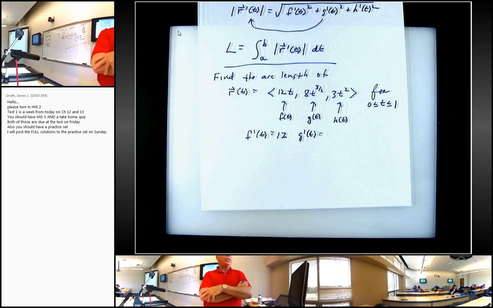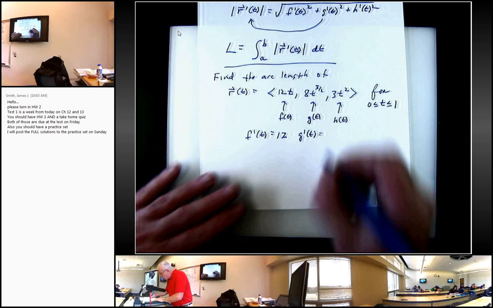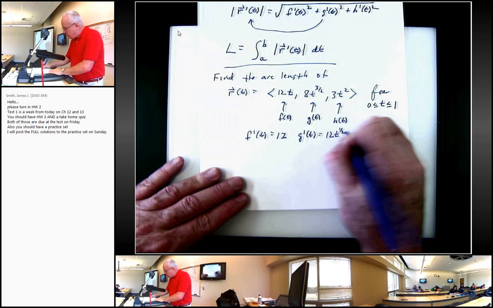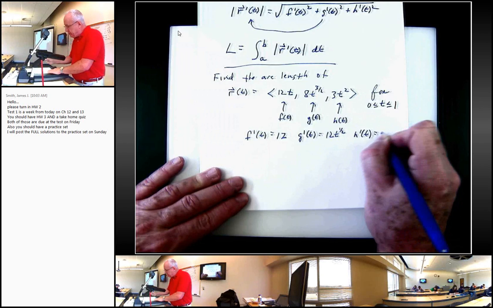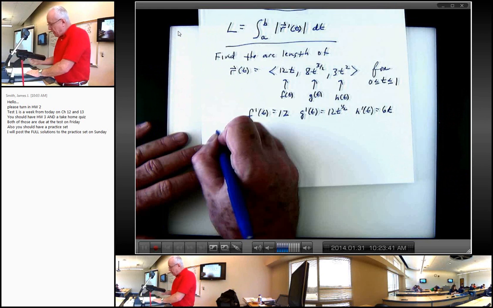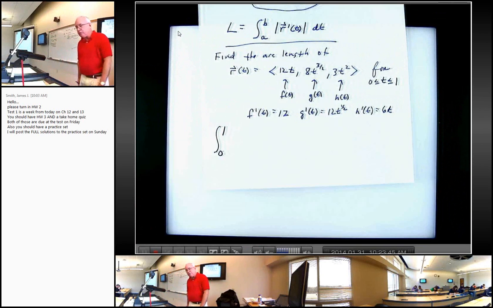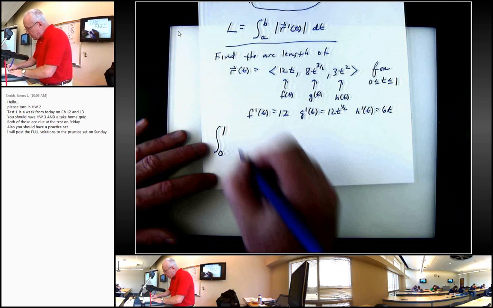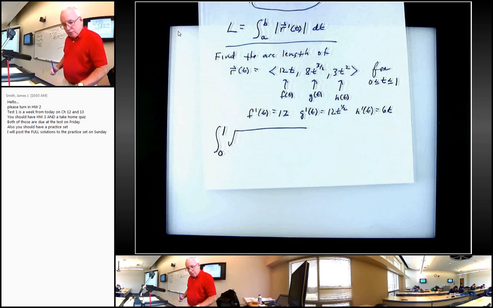12 times t to the 1/2 power, right? 12t to the 1/2 power, and h prime of t is equal to 6 times t. So therefore, let's do it, so we have our integral, and it's from 0 to 1, that's our values for t, and we have to square all of those individual derivatives.